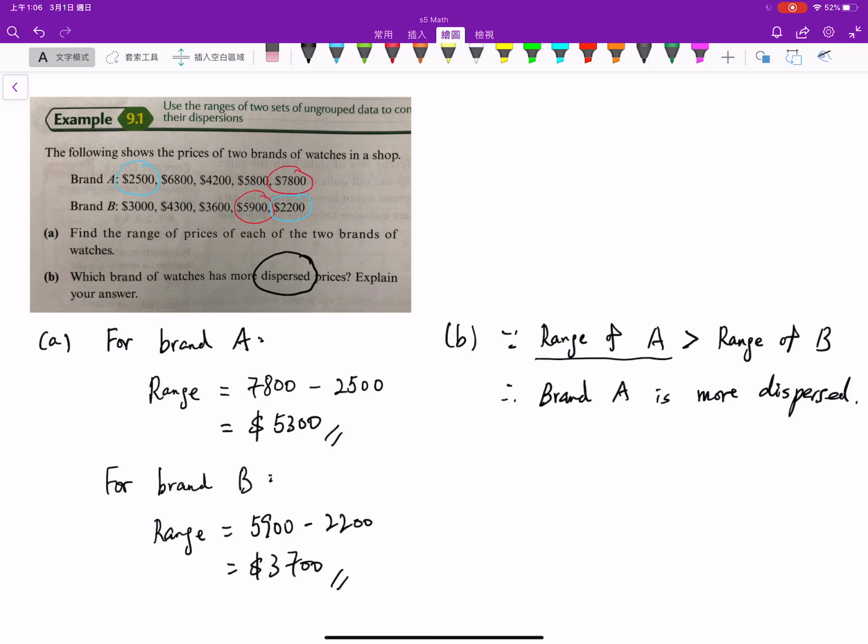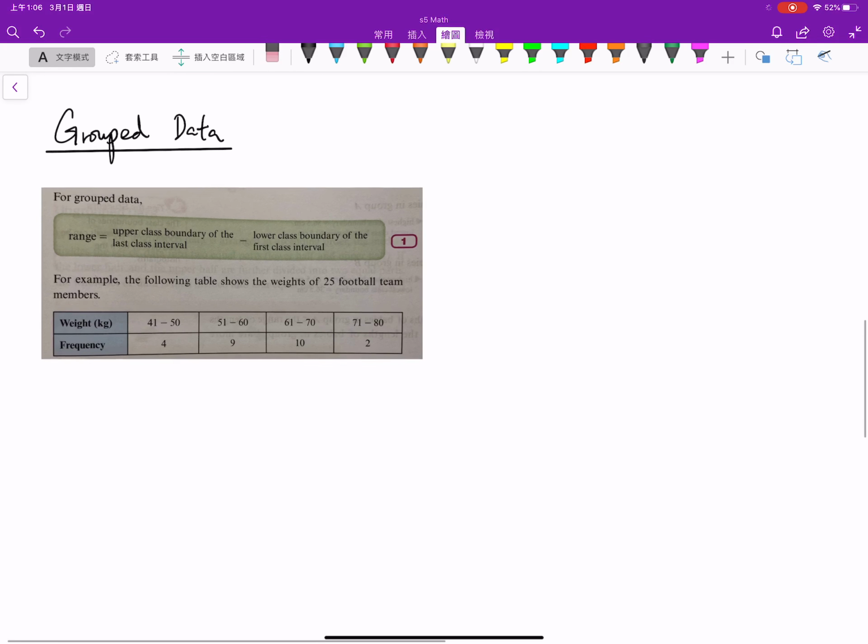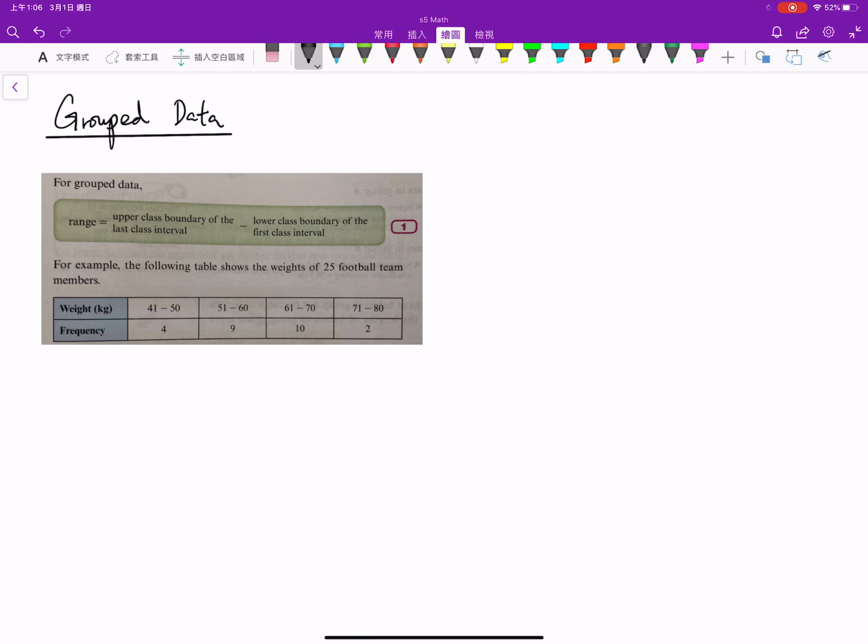Now we go to some grouped data cases. For grouped data, instead of individual data, you have a group. Let's see how it works.